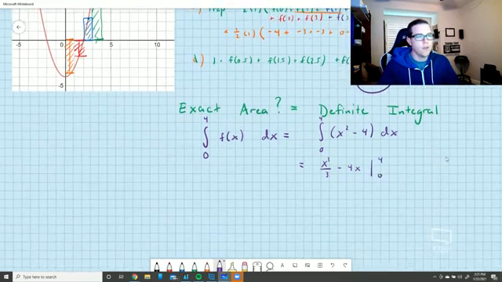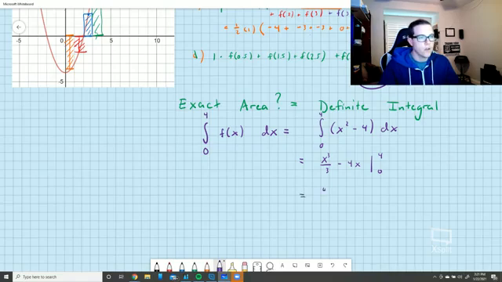And then plug in 4. 4 cubed over 3 minus 4 is 64 over 3 minus 48 over 3, which is 16 over 3, which is 5 1/3. Well, it's not approximately, it is 5 1/3. Is that between 5 and 6? Yeah. Does it seem legit?